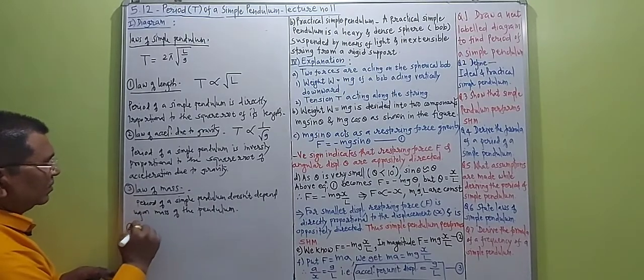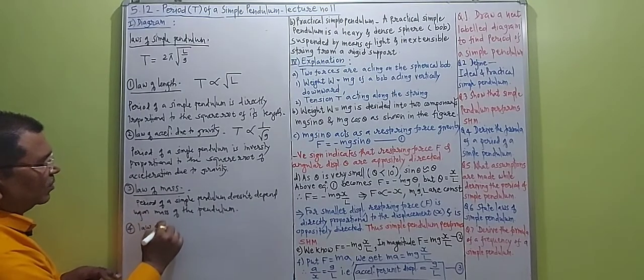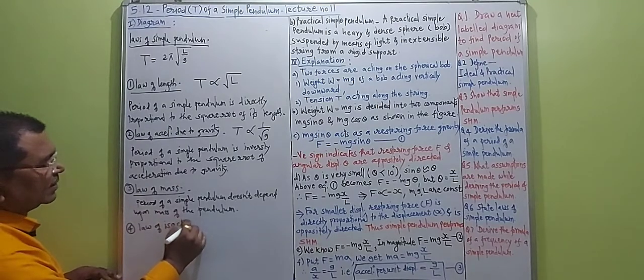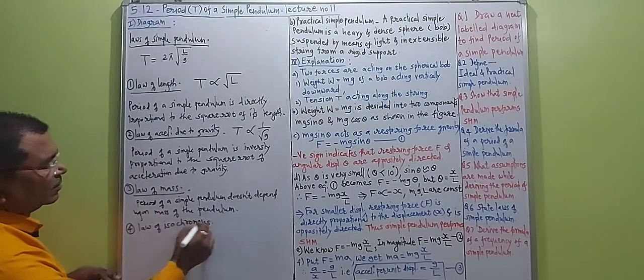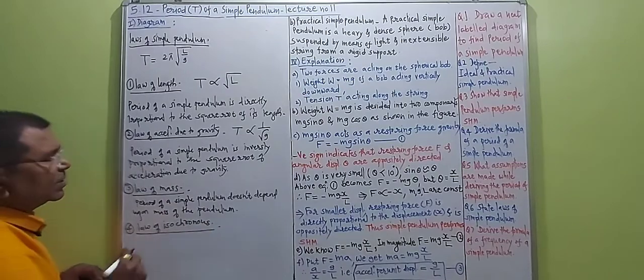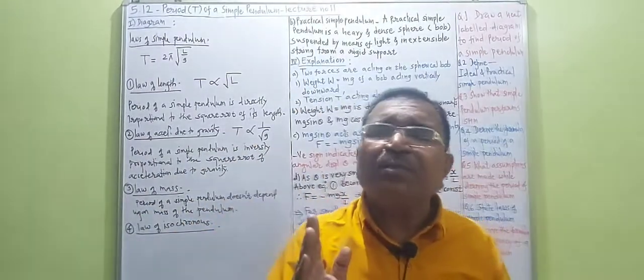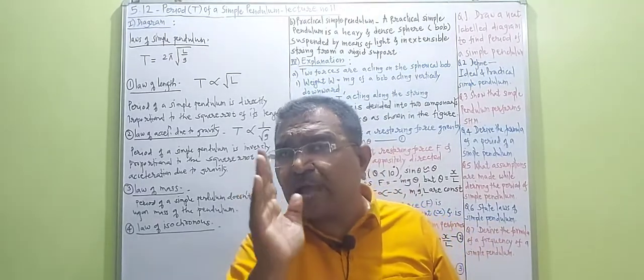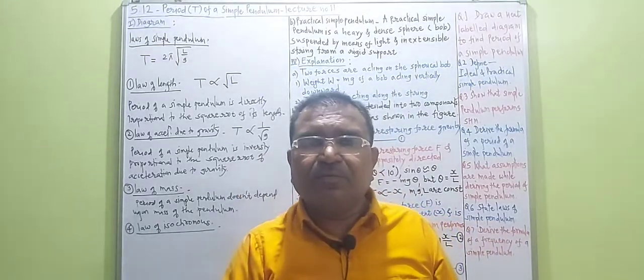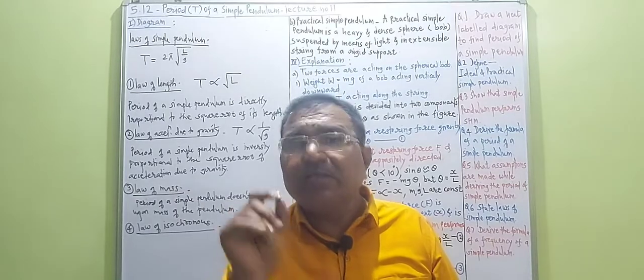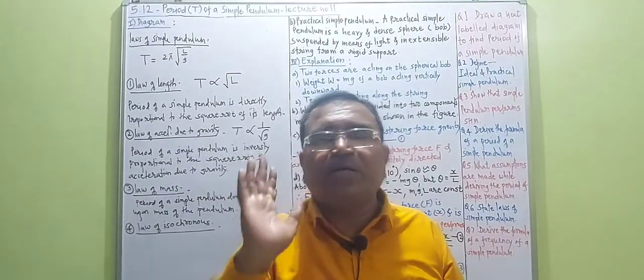And last one, law of isochronism. Law of isochronism states that period of a simple pendulum does not depend upon amplitude of oscillation, provided that amplitude should be small.